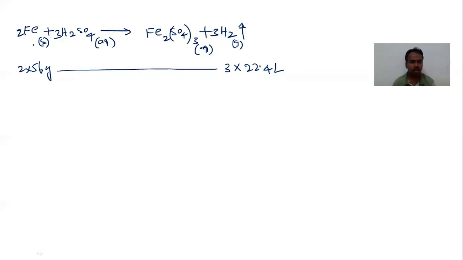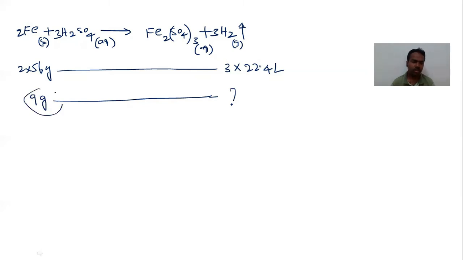See here, how many grams of iron are given in the question? 9 grams of iron are given. Then 9 grams of iron react with H2SO4 to produce how many liters of H2 gas at STP? If you want the unknown, how can you do it here?